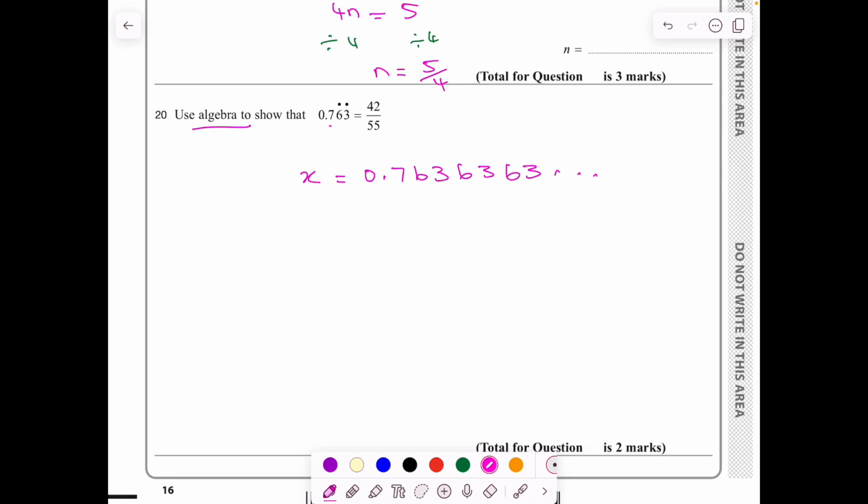Okay, so I want to get rid of the recurring bit here. So I'm going to first find out 10x. So if I times it by 10, I get 7.636363 and so on.